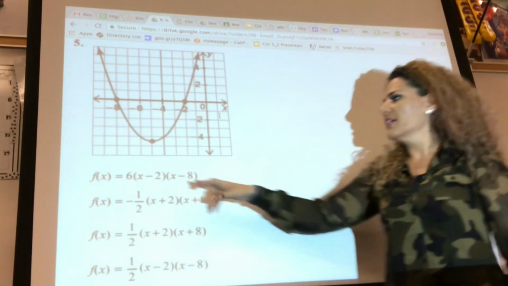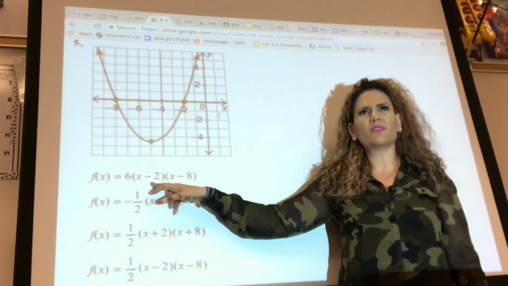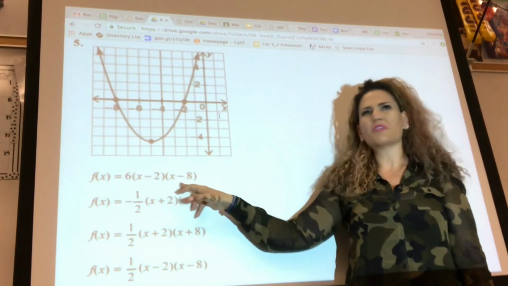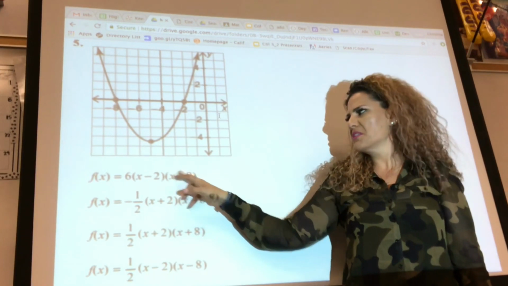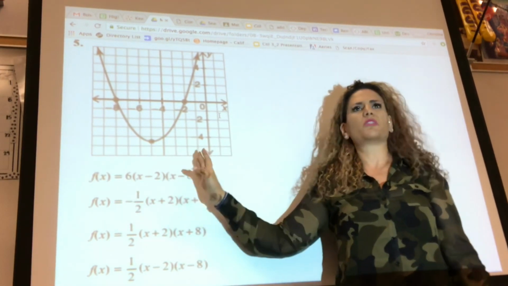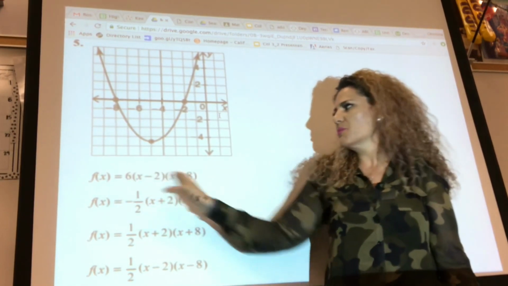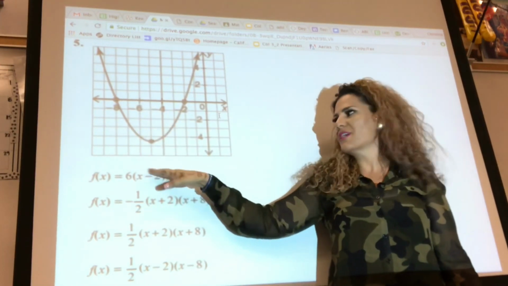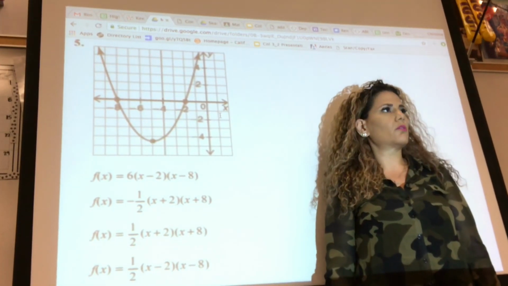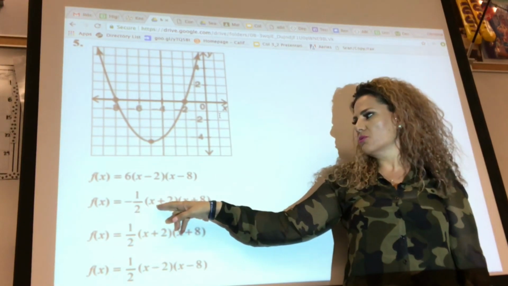So if I plug in negative 2 right here, is this going to become a 0? No. Is this times 6 going to give me 0? So is this going to be the solution to this function? It's definitely not the first one. Okay, how about right here? If I plug in negative 2, does this become 0?